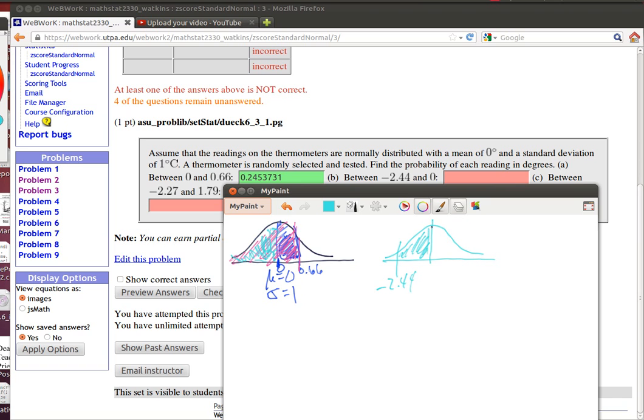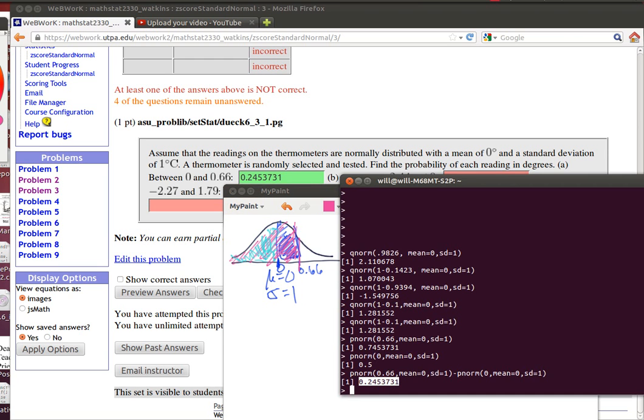Now we know that because the mean happens to be 0, half of the population is to the left of that. So all of this to the left is 0.5. All that I'd need to do is find this little piece of red area over here and subtract it from 0.5. So using R again, I know that first one is 0.5.